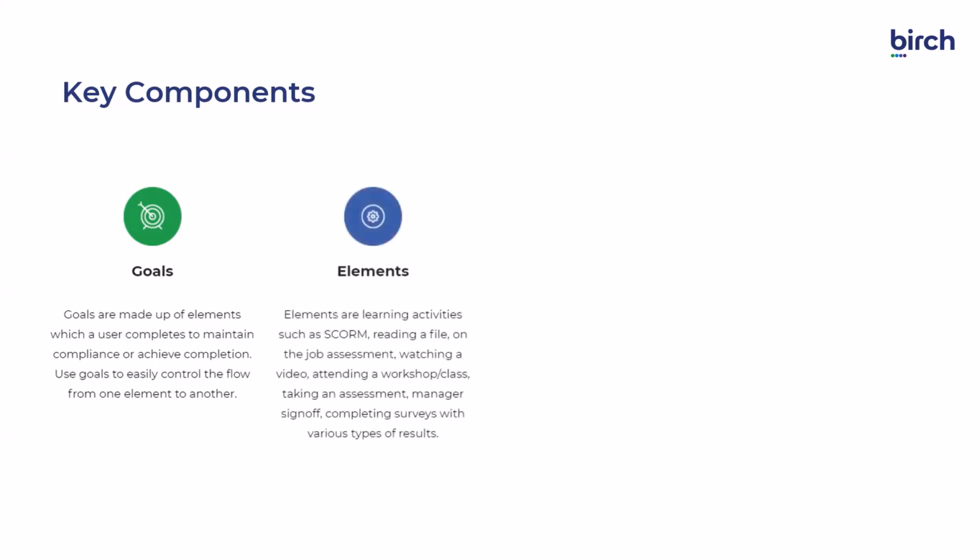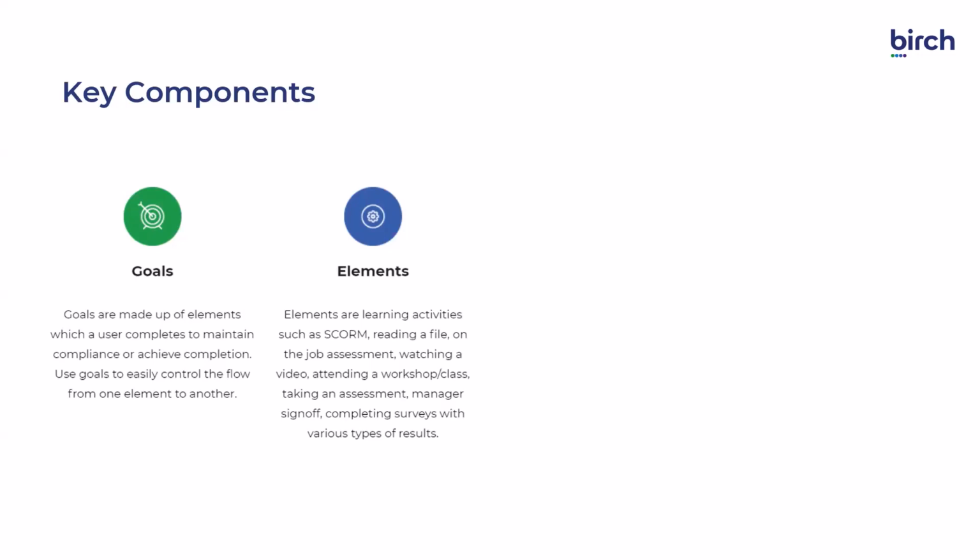Then we have the learning and training requirements that are the second component of Birch, which we call elements. They are the different types of learning activities that may be completed. So we'll have events that cover your workshops or conferences. We have document sign-offs where you can upload certificates or licenses and have them verified.